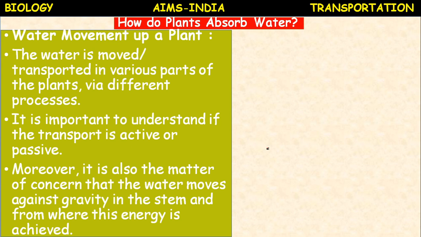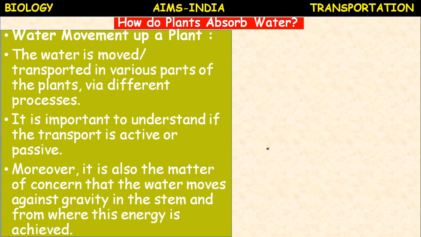There are many theories put forward to explain the upward movement of water, like root pressure theory proposed by Priestley, cohesion tension theory or transpiration pull theory, proposed by Dixon and Jolly. You will study in higher classes.